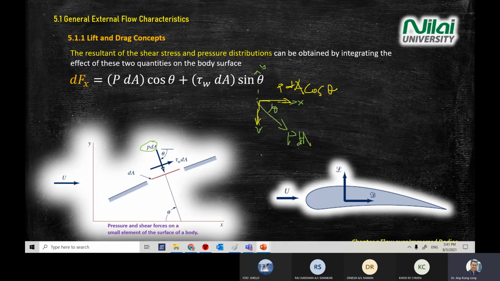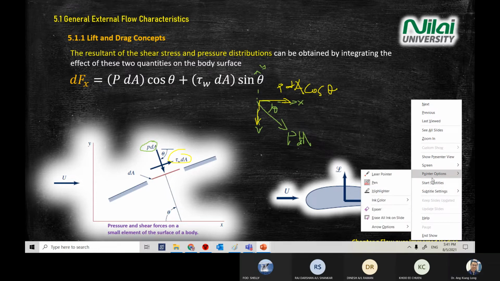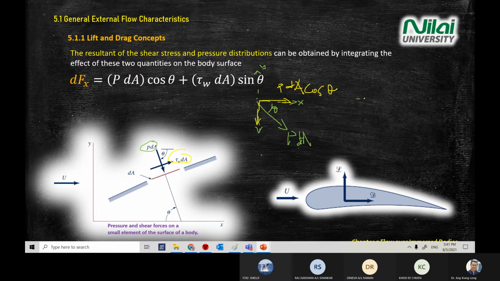All right. You do the same for shear stress here. You have the X direction and Y direction. In this case, your shear stress goes up like that. Of course, you already converted to forces.